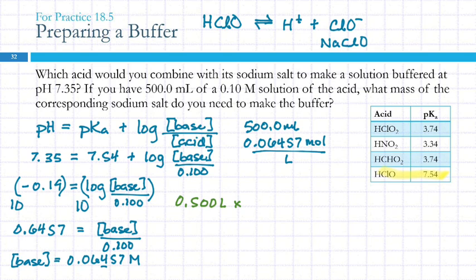So what I'm trying to find is the mass of that sodium salt. The molarity is going to allow me to find the moles of it, right? I want 0.06457 moles per liter. And then I can convert that to grams using the molar mass.